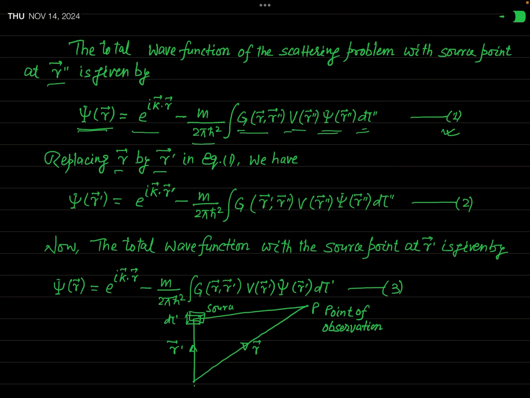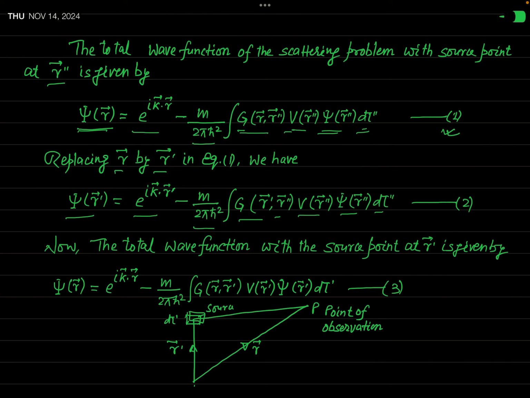So equation 1 under this assumption will become psi of r dashed is equal to exponential raised to the power i k dot r dashed minus m over 2 pi h bar squared integral of G of r dashed comma r double dashed V of r double dashed psi of r double dashed d tau double dashed.